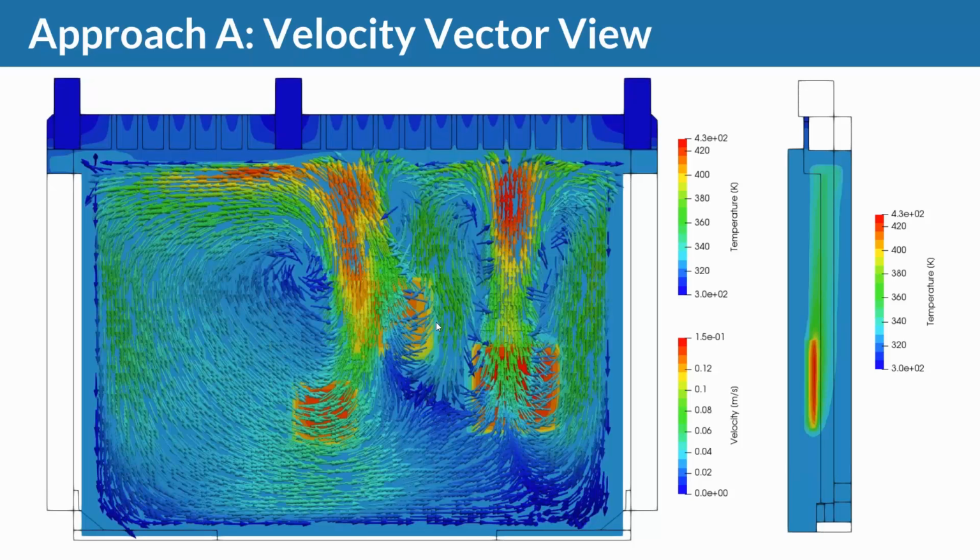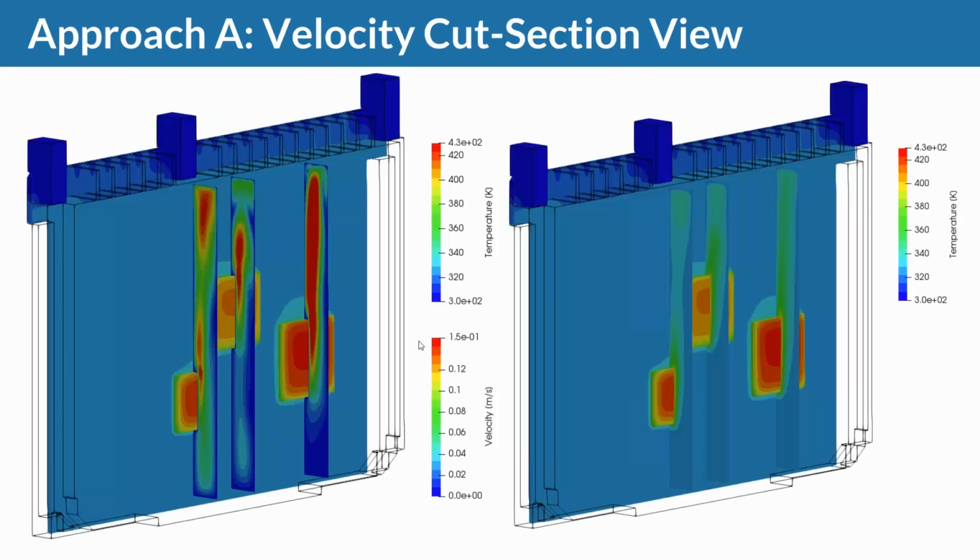This is a glyph visualization that also indicates the flow direction. And that's a third visualization where we're looking at the temperature field of the solids and then the velocity field as slice plots in front of it. And again, we can see these buoyancy effects and the resulting temperature from it.